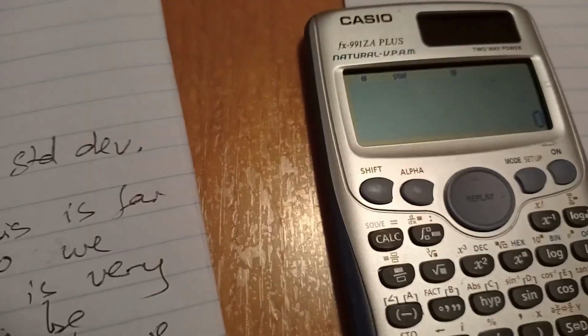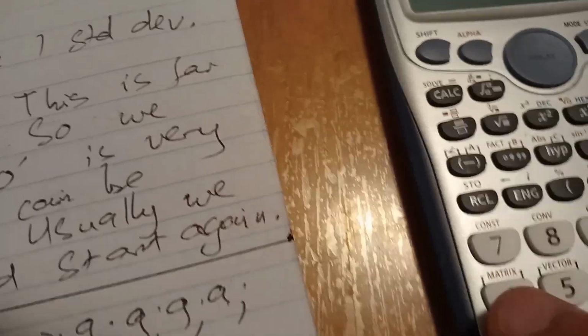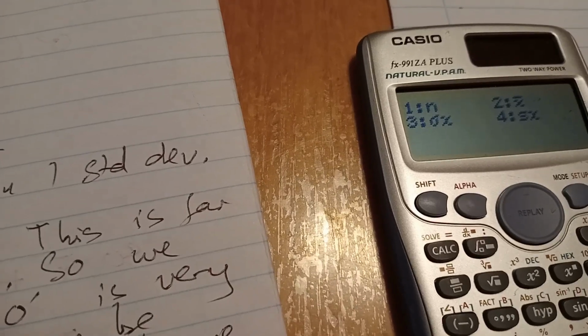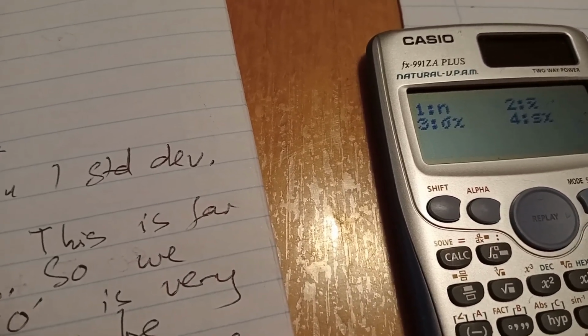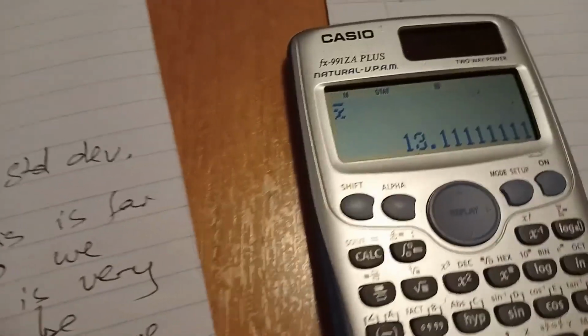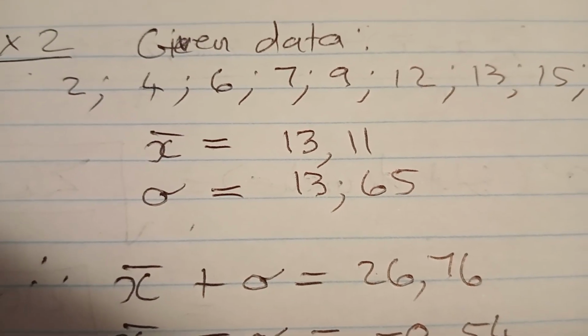Right, we press our AC, and now we go to our shift, and we go down to our statistics, and now we go to 4 for variables, and we go to 2 for our mean equals, and our mean is 13,11, and you'll see there I've got it recorded 13,11.